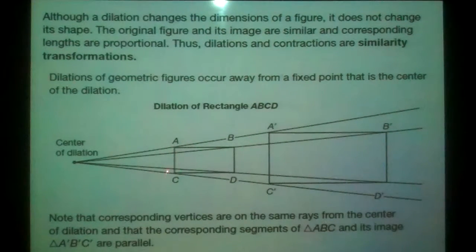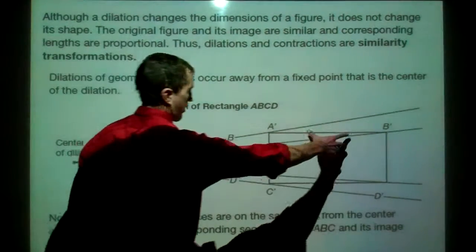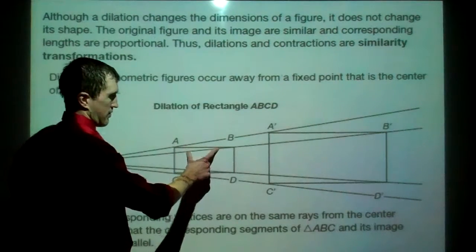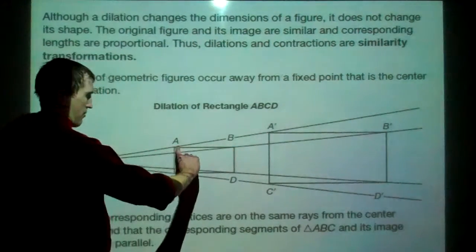If we take this rectangle and we blow it up, we can see that there's a center of dilation point. We won't really get into that, but we can see that we're still going to be in proportion. A to B and A to B will be, if we took this length here and divided it by this length here, it would be the same as taking this length and dividing it by this length.